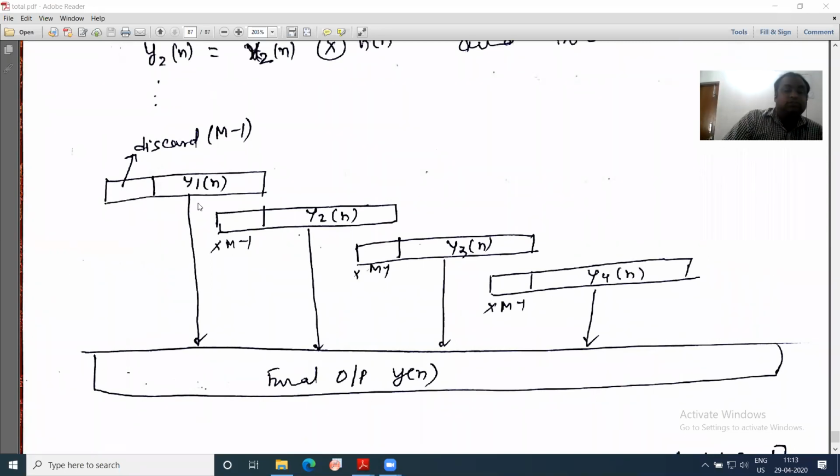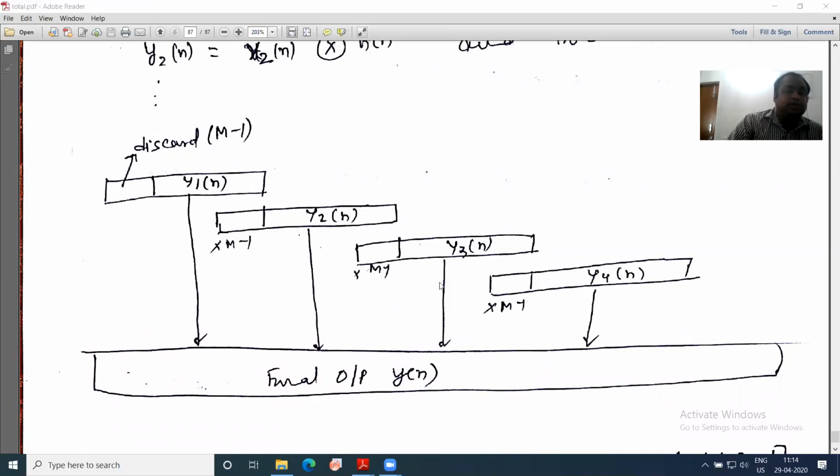After convolution, you will have 4 sections: y1(n), y2(n), y3(n), and y4(n). Here y1(n) is the circular convolution of x1(n), with m-1 zeros, with h(n). y2(n) is the circular convolution of x2(n) with the additional points of x1(n), and y3(n) is the circular convolution of x3(n) with h(n), and similarly y4(n). Now in the result, we have to discard or eliminate this portion, the first m-1 portion.